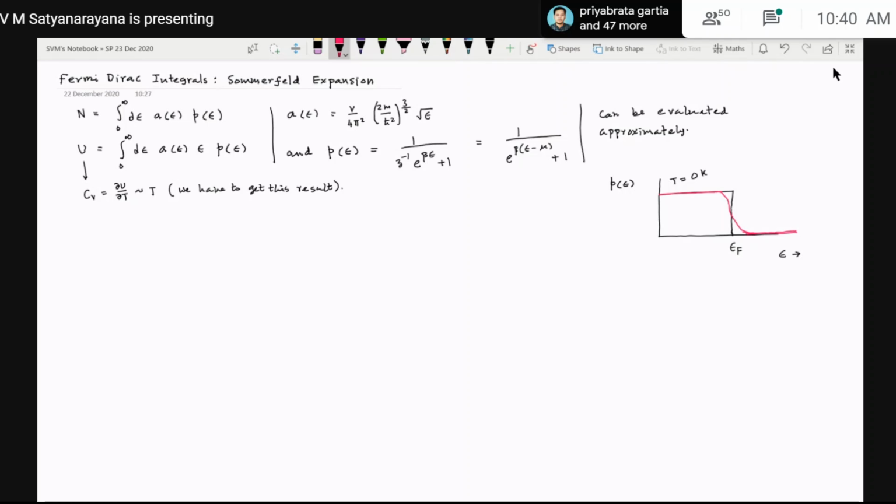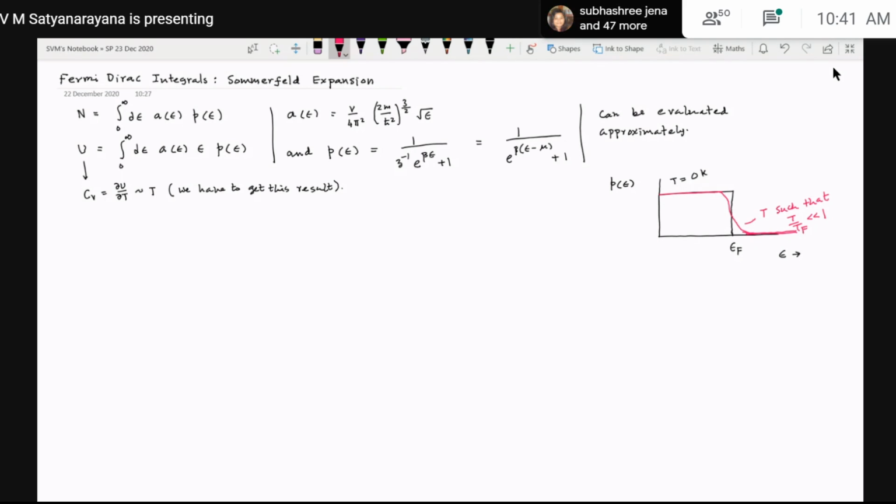So this is basically for some temperature T such that T divided by Tf is much less than 1.